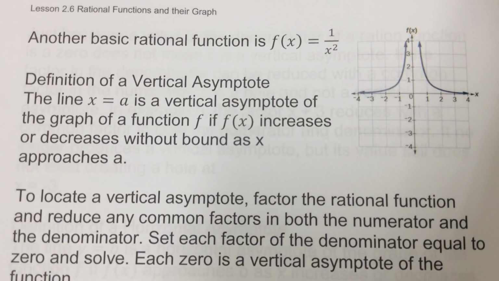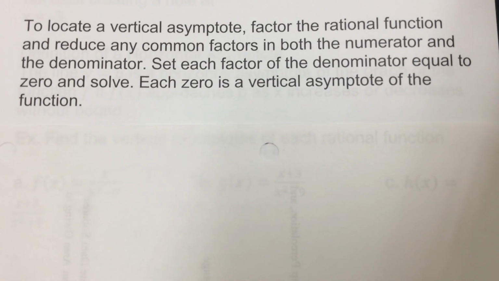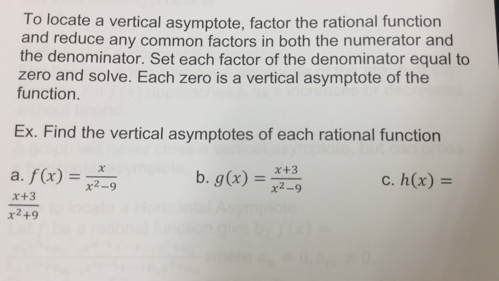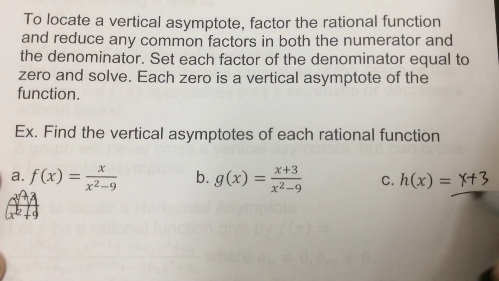Now, to find these vertical asymptotes, you're going to factor it, and then we're going to get rid of any common factors. If it cancels out, it's not going to be an asymptote. That's actually going to be a hole, but that's for something at another time. But if it doesn't cancel out, whatever will make that be 0, that'll be your vertical asymptote. So I'm going to rewrite this, x plus 3 over x squared minus 9, over here.